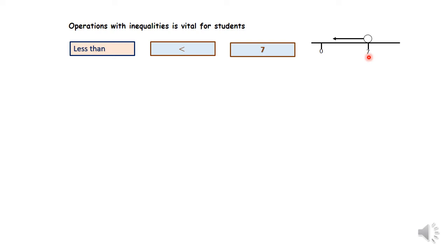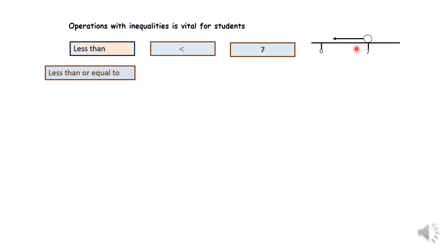That means numbers to the left of 7. The point 7 is not one of them, therefore I have not shaded this circle. So it begins anywhere to the left of 7 but not at 7 itself.